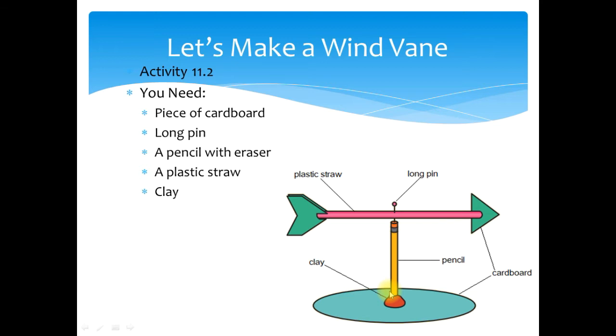Then, insert the arrowhead and the back of the arrow into the plastic straw. Then, find the balance point of the straw and fix it to the eraser of the pencil. Then, place that setup on a round cardboard with the help of the clay. Now you can use this instrument to find the direction of the wind.